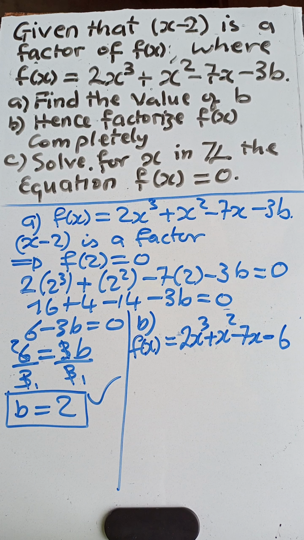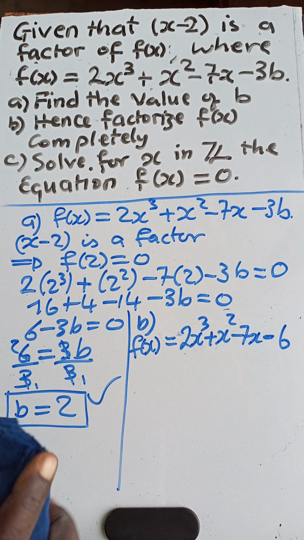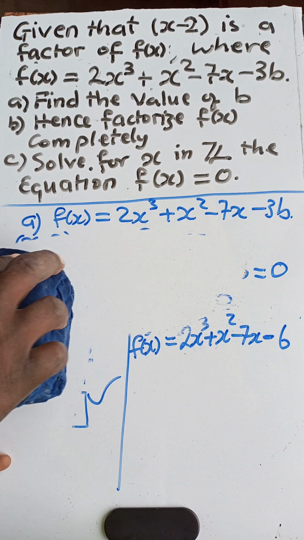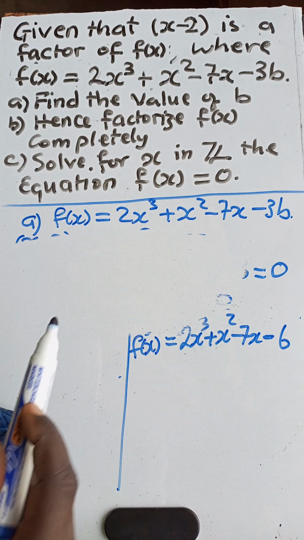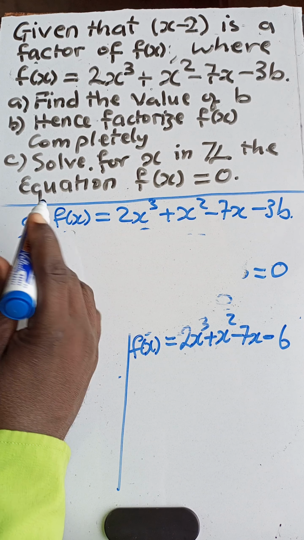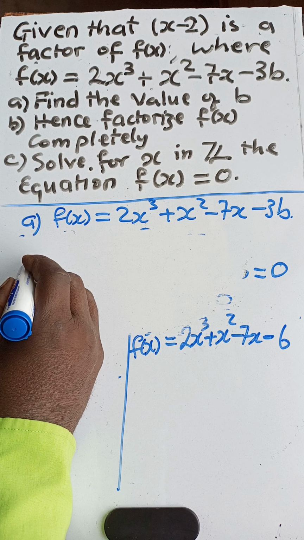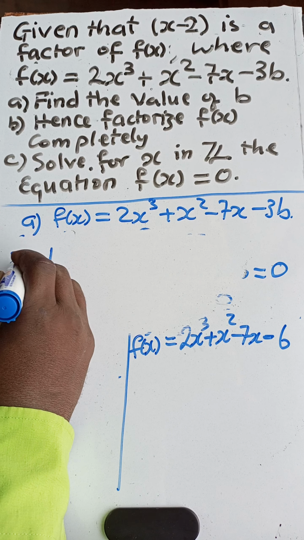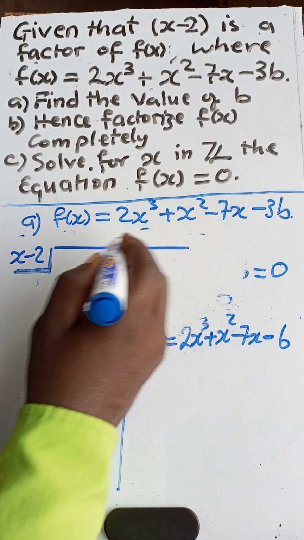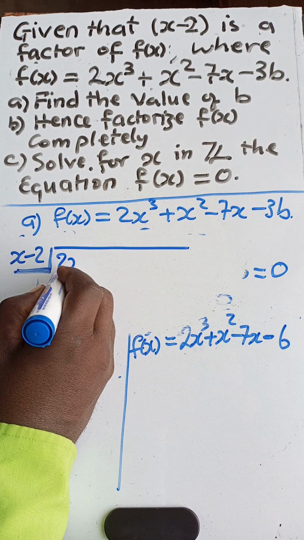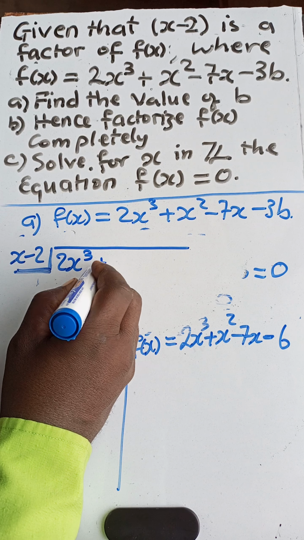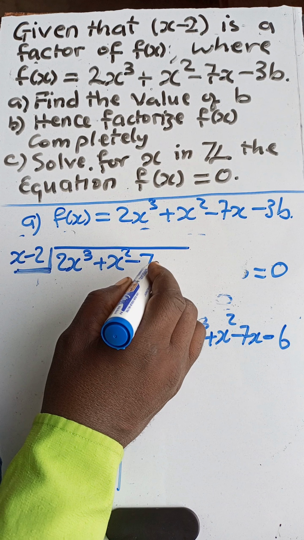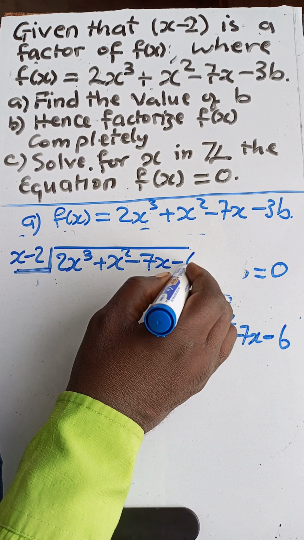So let's carry out that Euclidean division. We're going to divide by x minus 2. So we'll have x minus 2 into f of x, which is 2x cubed plus x squared minus 7x minus 6.